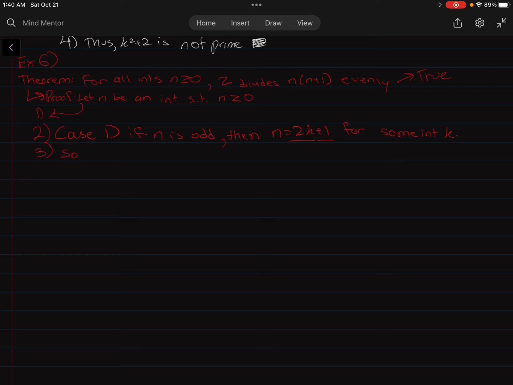So n plus 1 equals 2k plus 1 plus 1 equals 2k plus 2, and n plus 1 equals 2 times k plus 1. 4. So it's divisible by 2, right? Because we can divide this by 2 evenly without a remainder or a decimal, right? So it's divisible by 2.